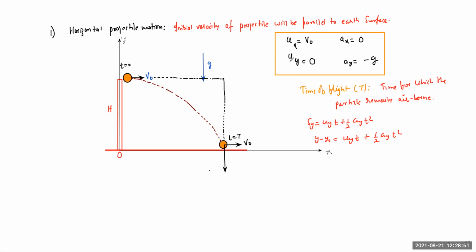Y means the final position. The final y coordinate is 0. And what is the initial y component? H. What is UY? 0. What is AY?